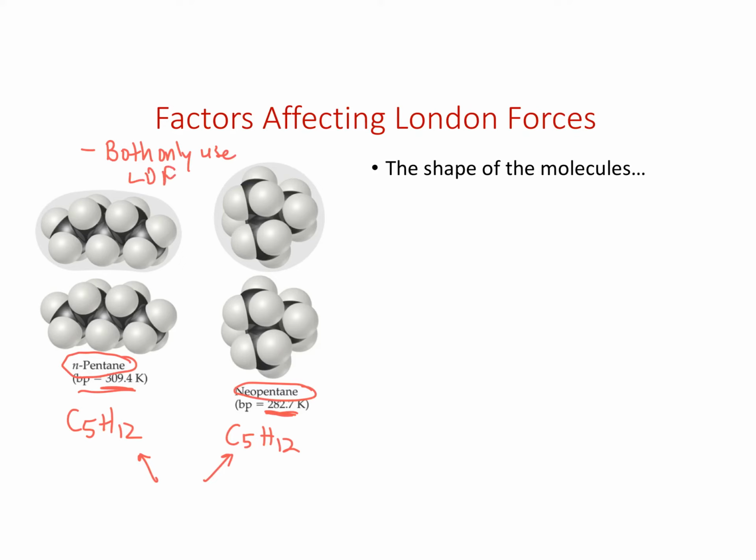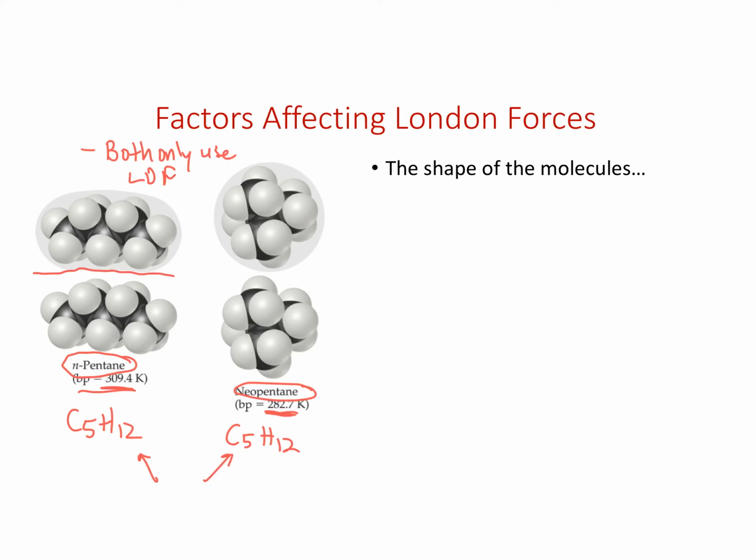Because I only have access to London dispersion forces, I cannot explain the difference in boiling point by saying there is a difference in the strength of the intermolecular forces. How can I then explain that difference? Why does pentane have a higher boiling point than neopentane? We can think of London dispersion forces as a lot like friction.